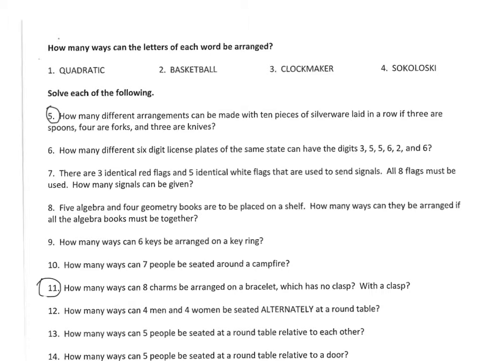So looking at number 5, how many different arrangements can be made with 10 pieces of silverware laid in a row, and 3 are spoons, 4 are forks, and 3 are knives. So if we have 3 spoons, those are 3 different objects.